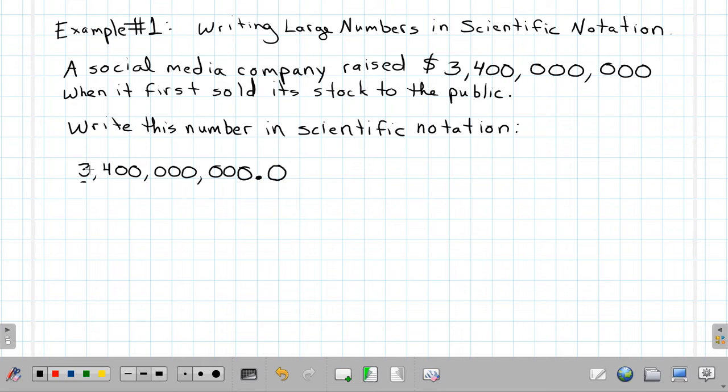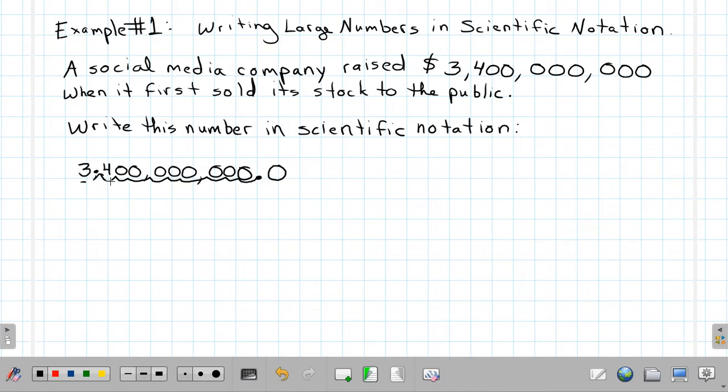So we want to move the decimal to where it's going to be right after the 3. So we take it and we move it all the places. So 1, 2, 3, 4, 5, 6, 7, 8, 9. And that's where we want to put our decimal place. Okay. And once again, if you wanted to just move it over and then count how many jumps you have. So we have 1, 2, 3, 4, 5, 6, 7, 8, 9 jumps. Okay. So that means we move the decimal 9 places.